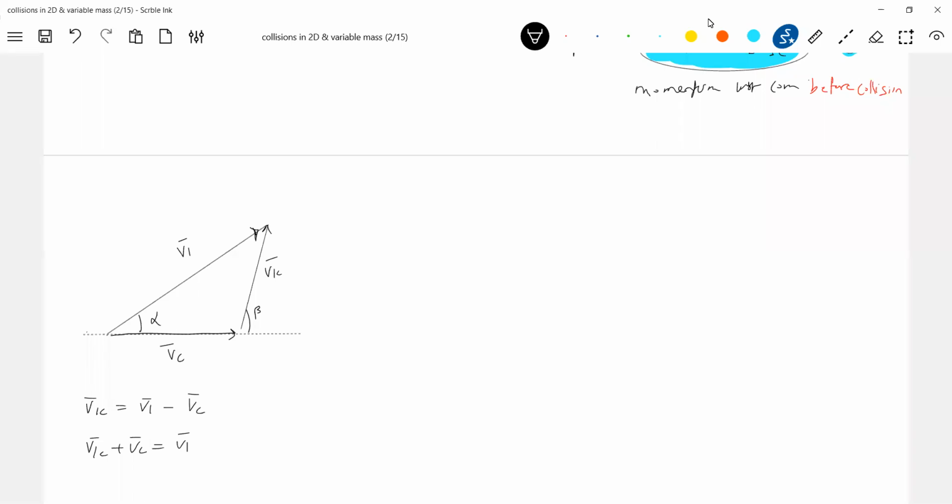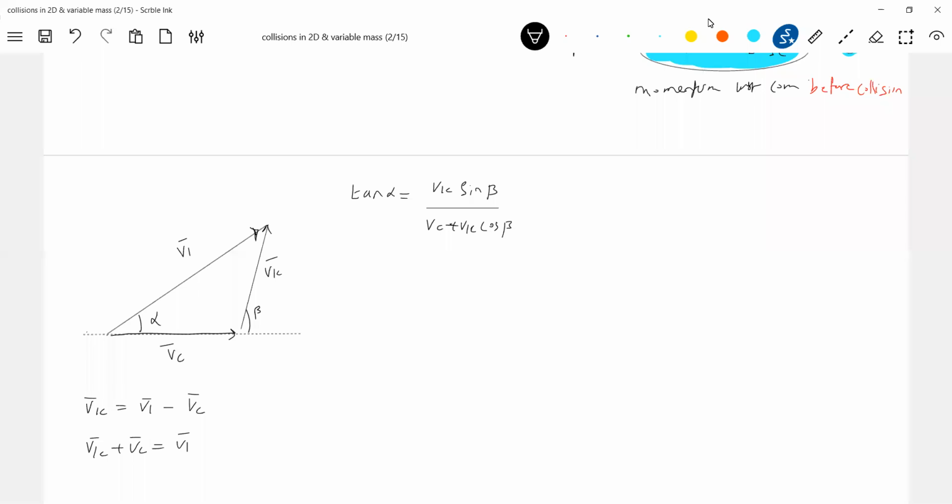So tan alpha, go back to the vectors. What is tan alpha? V1 will be the resultant of VC and V1C. We know the velocity of center of mass. So V1C, I'll try to see what we get. So tan alpha, what I can write is V1C sine beta over VC plus V1C cos beta.